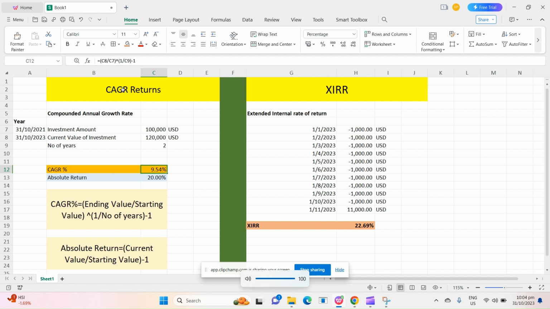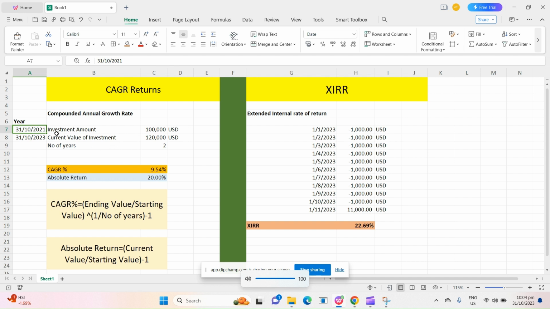However, the CAGR return is also not the most accurate return that an investor should use. The key reason is it does not take into account the timing of the investment or withdrawal. The example that I've taken is a very simplistic example. In the whole investment period, I have assumed that there are no withdrawals being made, and also no interim investment made.